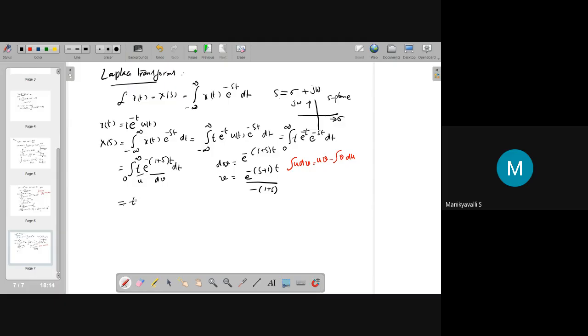So the integral is U into V, e to the power of minus 1 plus s t by minus 1 plus s, with limits 0 to infinity, minus integral of 0 to infinity e to the power of minus 1 plus s t by minus of 1 plus s dt.